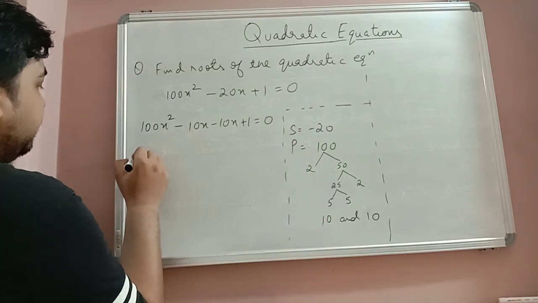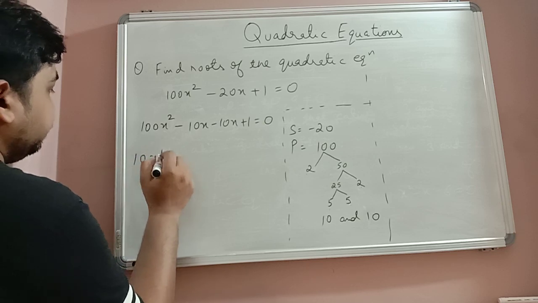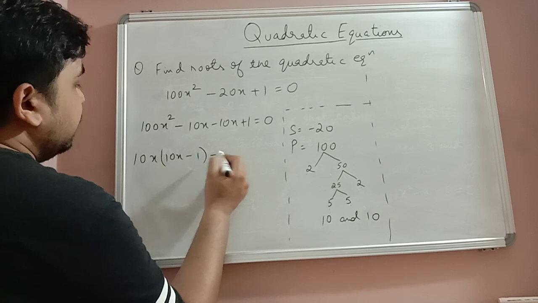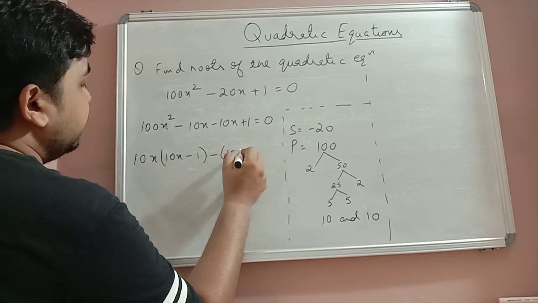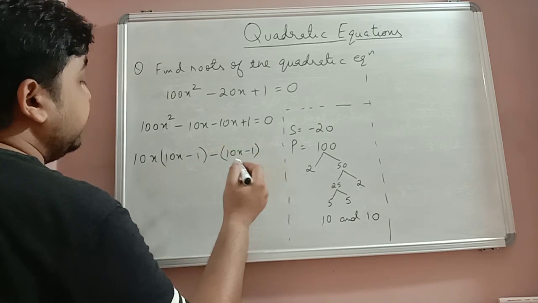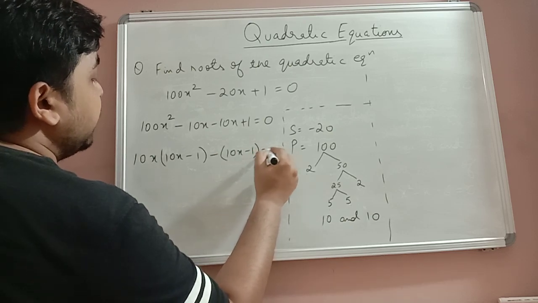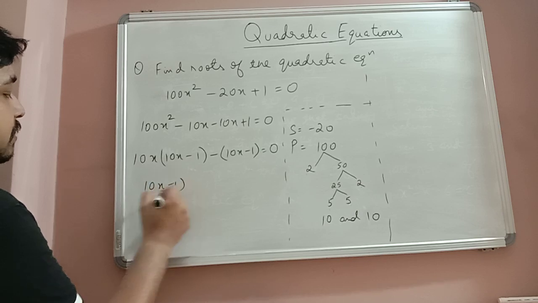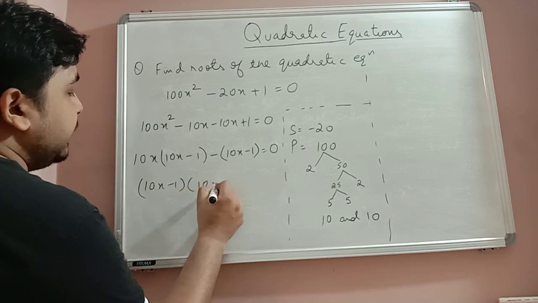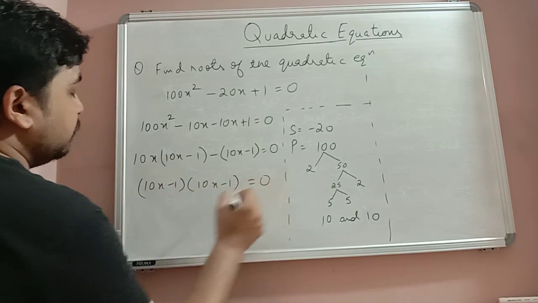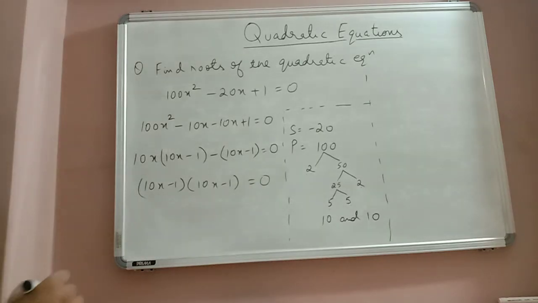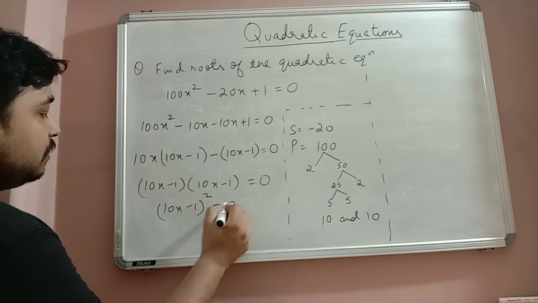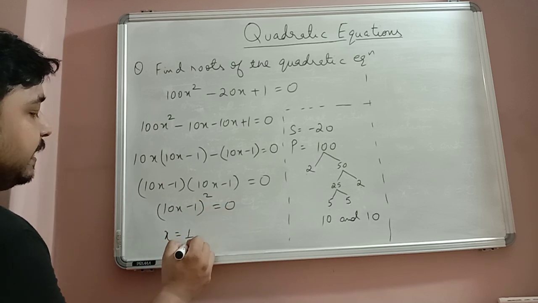Now in the first two terms we get 10x common and inside I'll get 10x minus 1. In the next two terms minus 1 is common, and I again get 10x minus 1 inside the bracket. Now in both the terms 10x minus 1 is common. We are left with 10x minus 1 times 10x minus 1 equals to 0. So we have 10x minus 1 whole square equals to 0, and we get x equals to 1 by 10.